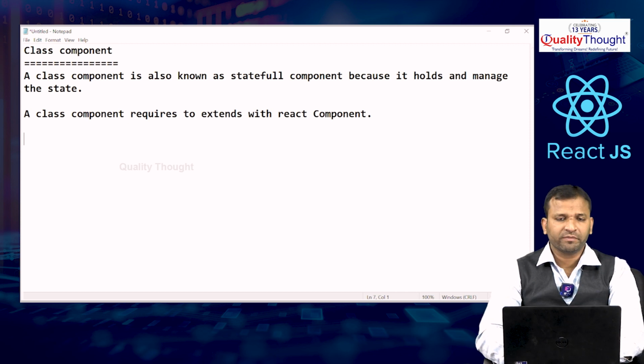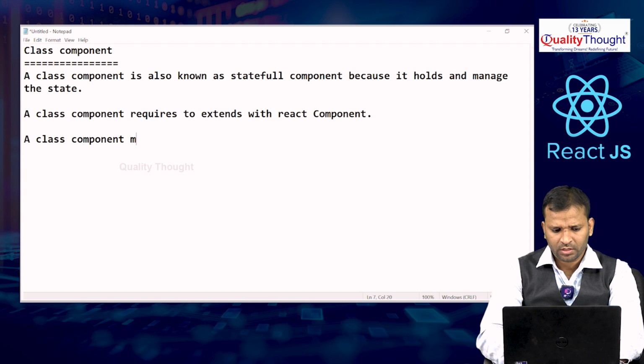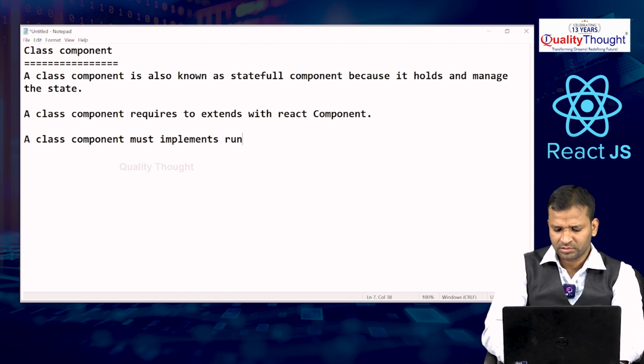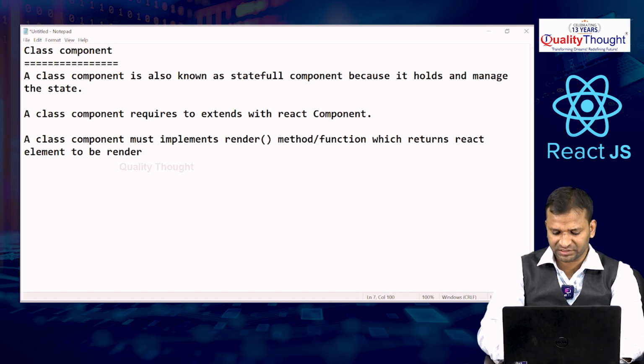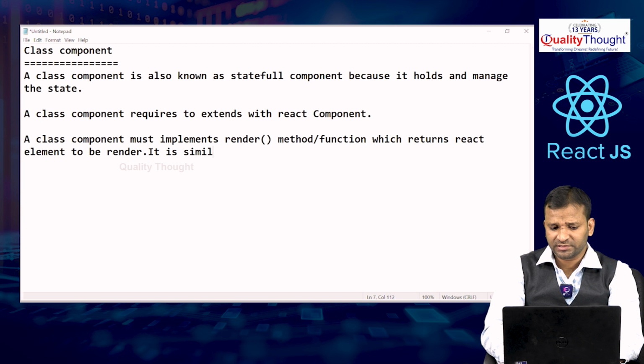So let me write the point for you: a class component must implement the render method or function, which returns a React element to be rendered, meaning to be displayed. It is similar to the return value of a function component.